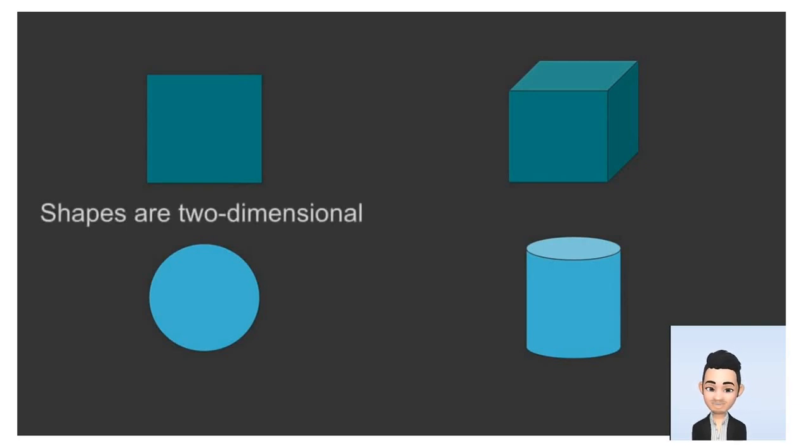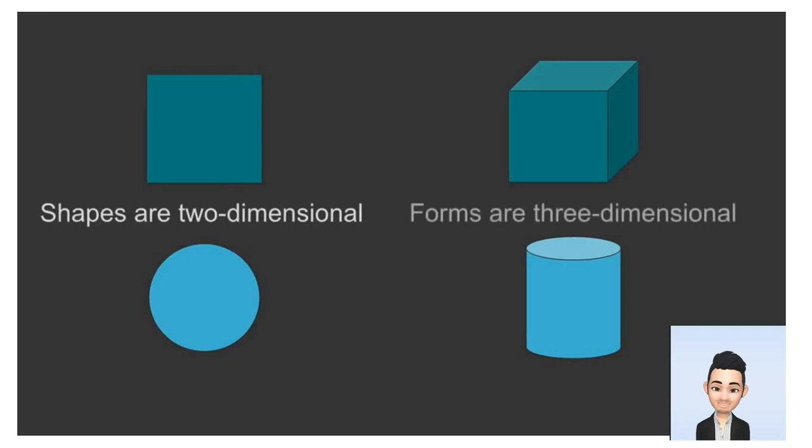So when we look at a shape, it has two dimensions. It's got height and width. Whereas a form has three dimensions. So it has height, width, and depth. That's the primary difference between the two. One is flat, one has volume to it.